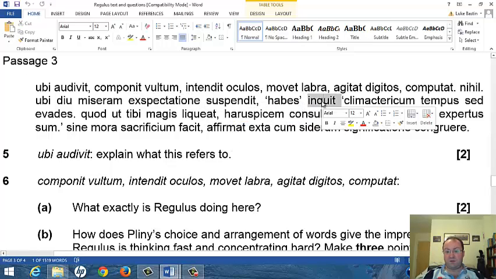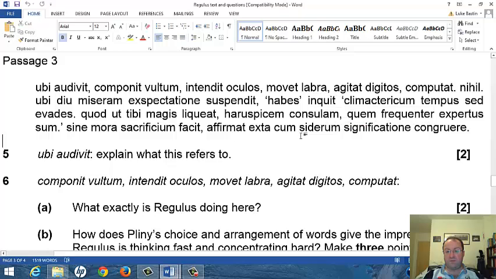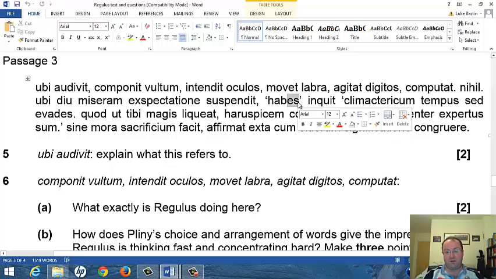So when he'd done that, inquit, he said, habes climactericum tempus sed evades. Okay, the only tricky thing about this, apart from the vocab, which I'll give you, is the tenses of these verbs. It's really important from a language perspective that you understand the difference. Okay, habes and evades, they both look as though they've got the same ending, es, and visually they do.